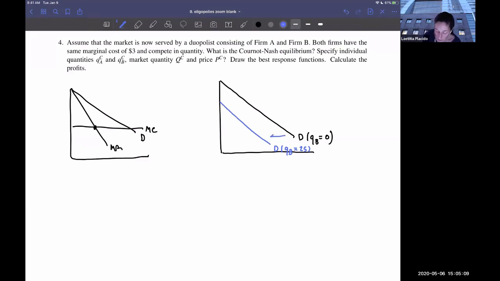Then the demand curve that I'm facing is the original demand curve shifted to the left by 25. And we call this demand curve the residual demand curve.